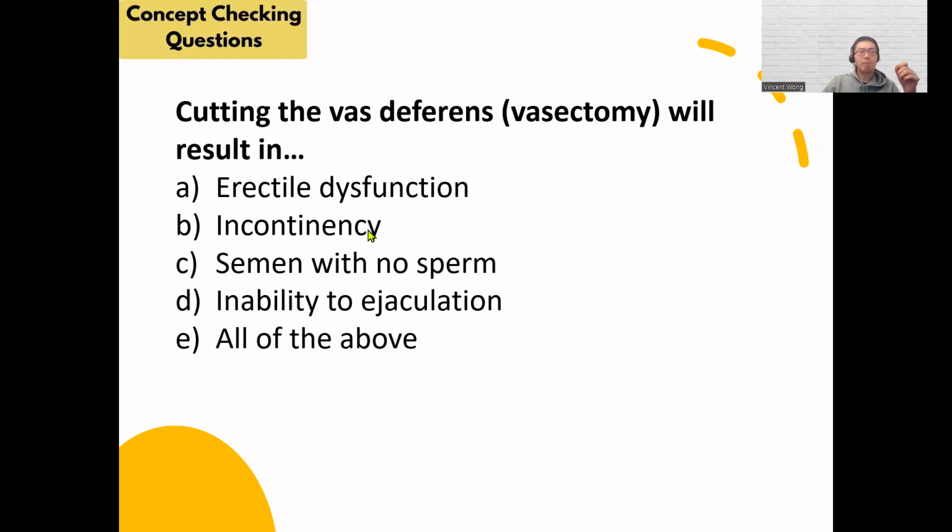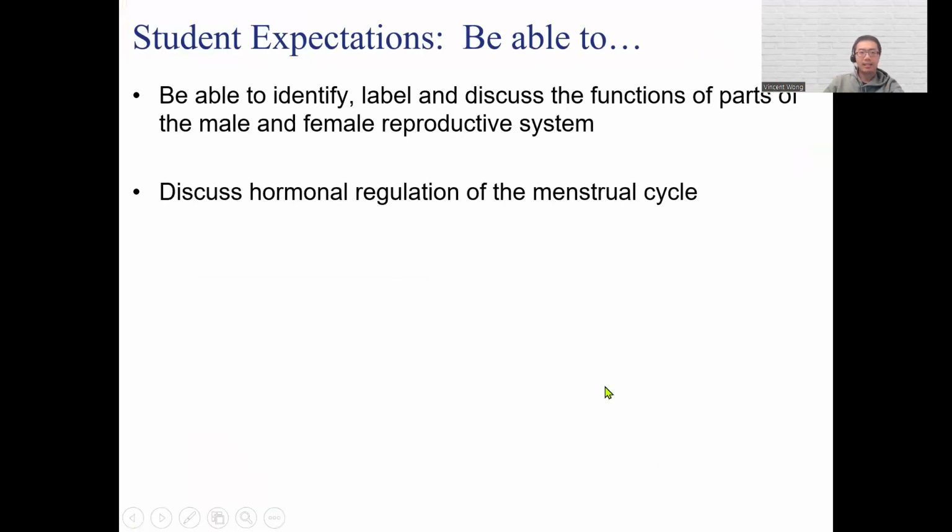Incontinence is not being able to hold your urine, and that again has nothing to do with the vas deferens. The ejaculation will still occur. It's just that the semen that comes out only contains secretions from the prostate gland, seminal vesicles, and bulbourethral gland. There will be no sperm in it.